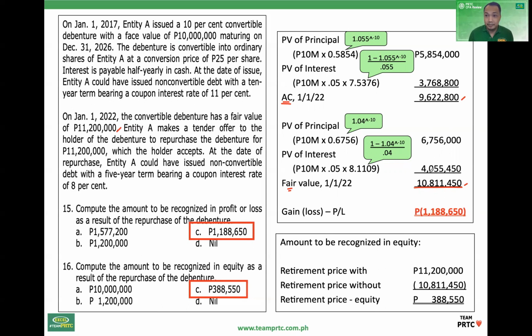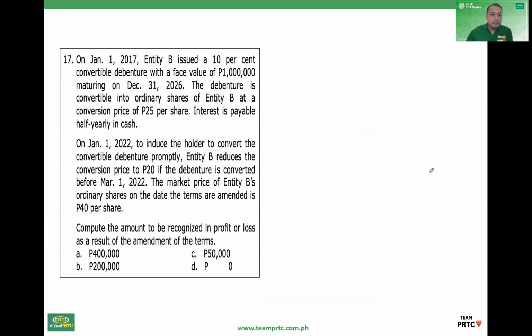Paano yun ina-account? Pag nagkaroon ng modification of terms. Okay, so that's number 17. The requirement: amount to be recognized in P&L as a result of amendment of the terms.